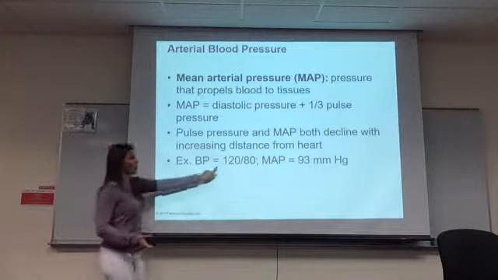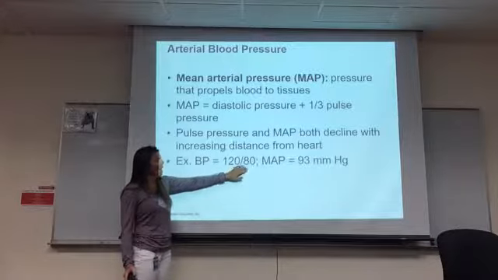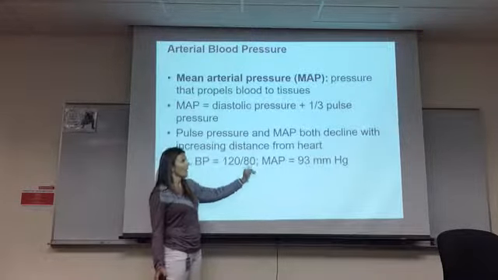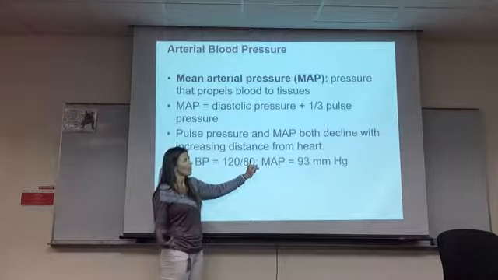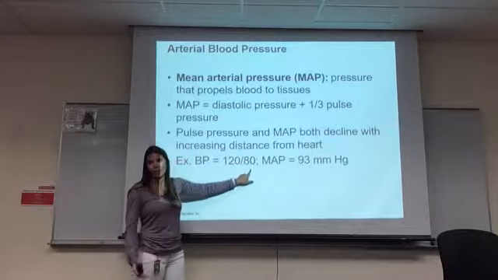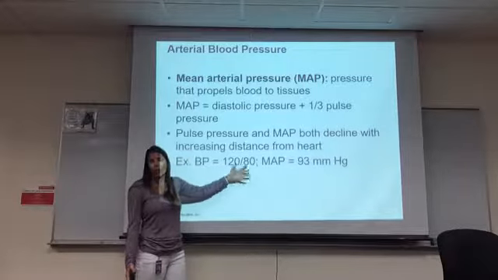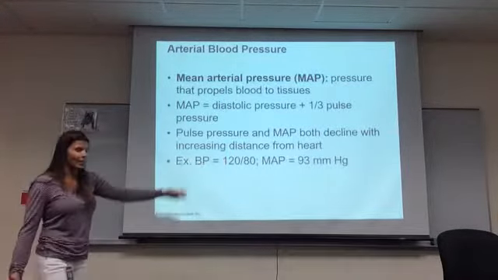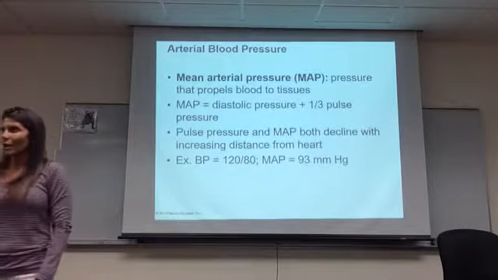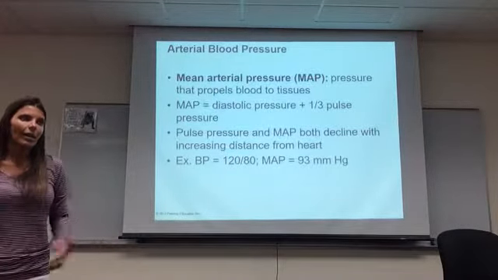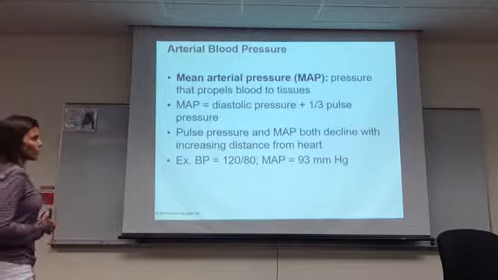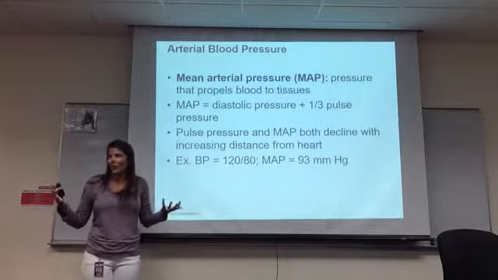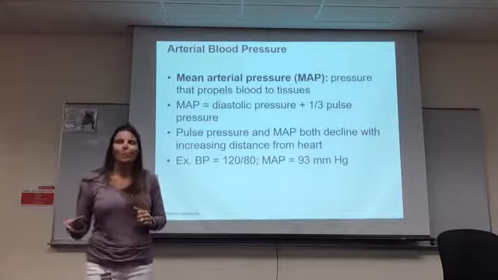It's showing you here, the 120/80 is your blood pressure. Your mean arterial pressure would be the bottom number, 80, plus 1/3 of the difference between these two, which would be 40. 1/3 of 40 is approximately, I'm going to use 13 now because I see that the answer right there is 93. So 80 plus 13 would be 93. So mean arterial pressure is just the mean pressure of all of your arteries. Okay, so that's your MAP.